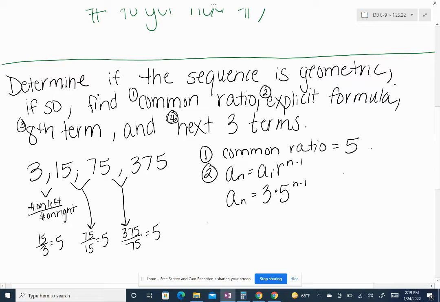Now number 3, if you look in the question right here, is looking for the 8th term. So that means I'm going to replace my n with 8. A of n is equal to 3 times 5 to the 8 minus 1. And hopefully you guys know 8 minus 1 is 7. So 3 times 5 to the power of 7.